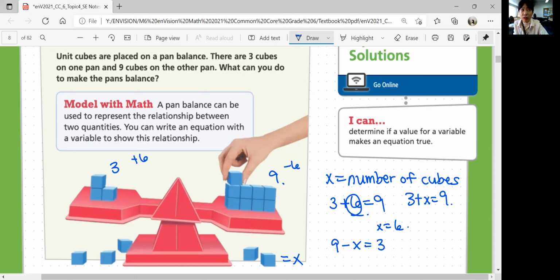If you're matching to a different number of cubes, then your x should be 9 minus 6 is equal to 3. So your x is 3. So depending on if you're balancing to 3 cubes or 9 cubes, you will either add or subtract 6. Okay.